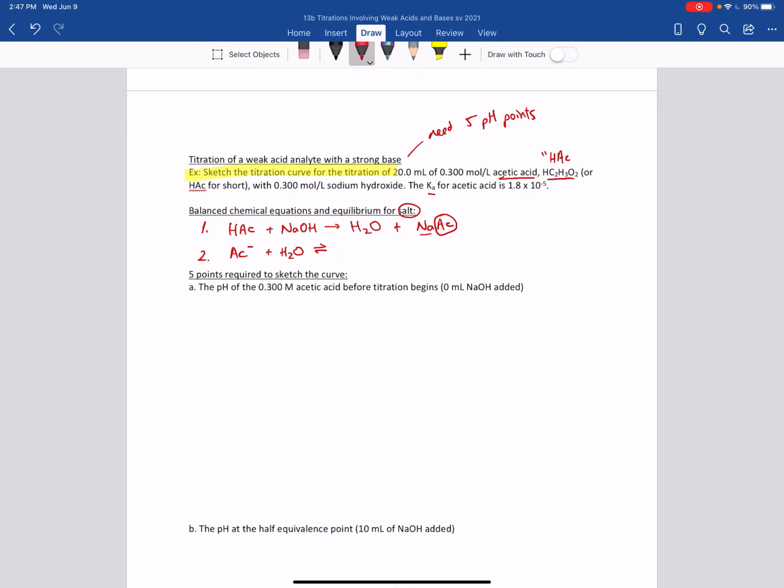So now that's the conjugate base, because we started with a weak acid. When it loses its hydrogen, it's willing to accept it back, and it acts as a base. So when it interacts with water, it will generate the original acid plus OH minus. So that OH minus being present is what will determine the pH at the equivalence point that we'll see later on.